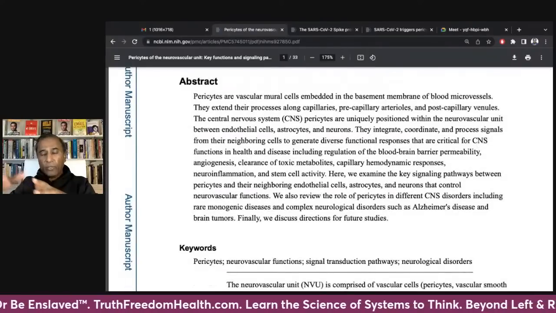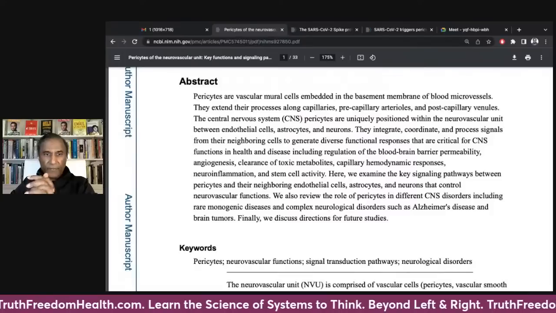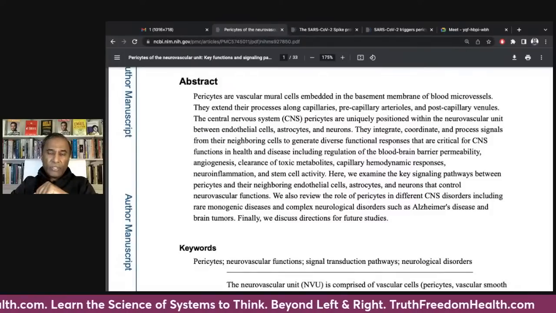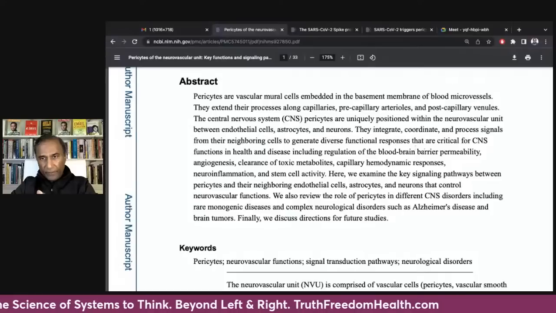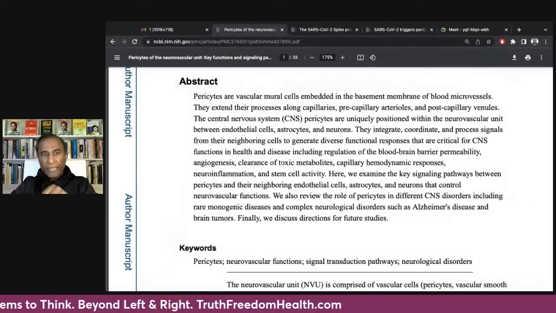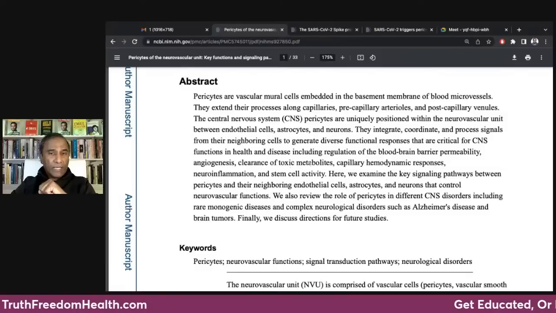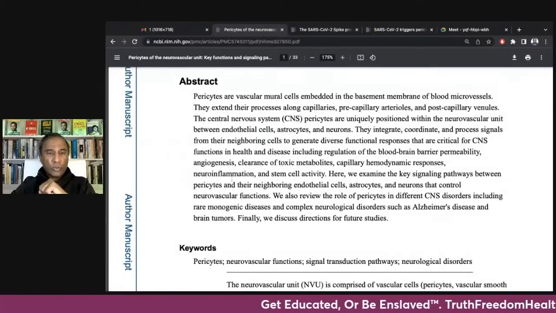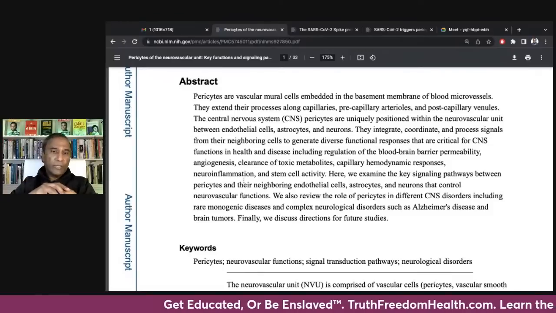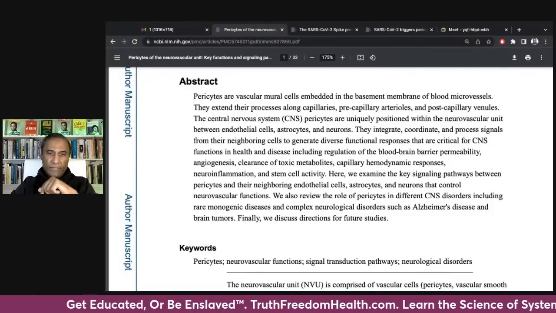By the way, they also do this for the cardiac system. Including regulation, in this case, of blood-brain barrier permeability, angiogenesis, which is what's called vascularization, clearance of toxic metabolites, capillary hemodynamic responses, neuroinflammation, in the heart general inflammation, and stem cell activity.